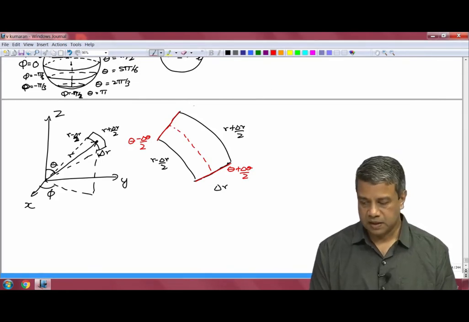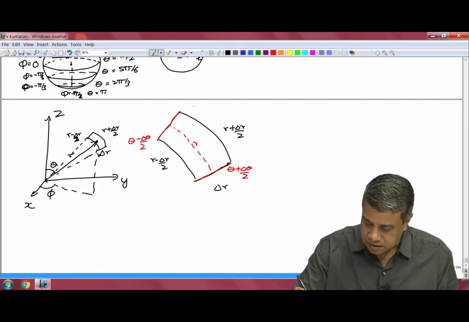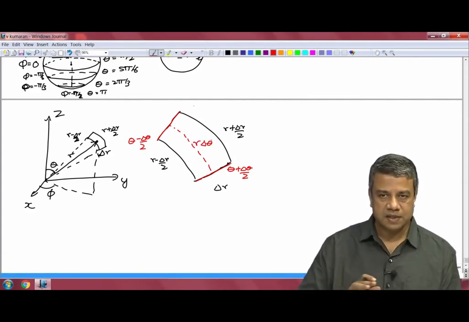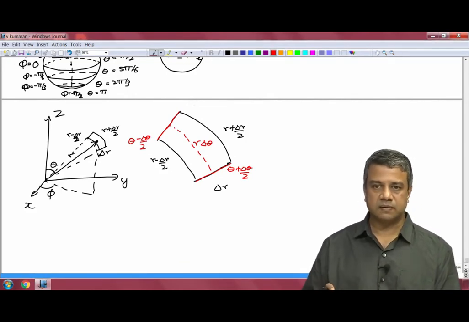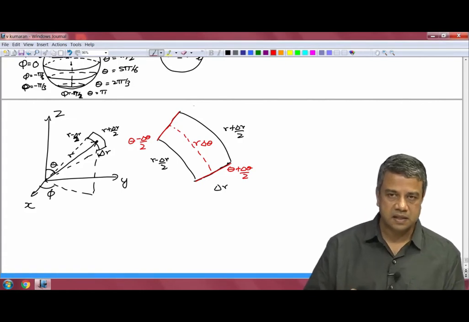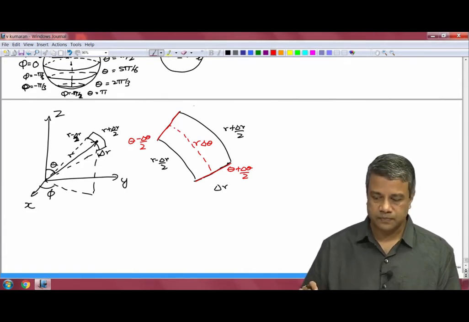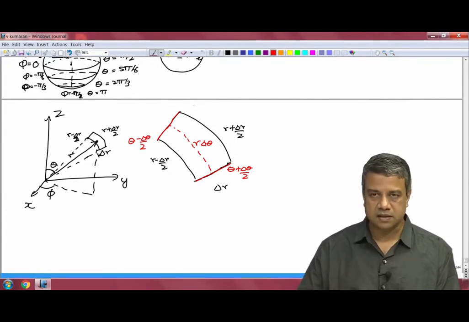The separation between these 2 surfaces has to be r times delta theta. The radius times the angle subtended in radians. That is the distance travelled when theta is increased from theta minus delta theta by 2 to theta plus delta theta by 2. The distance actually travelled is r times the increment in the angle.